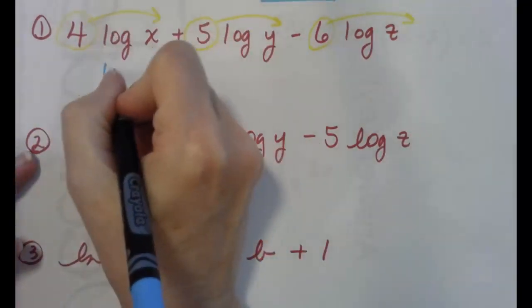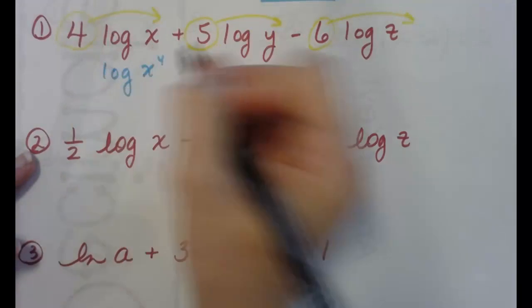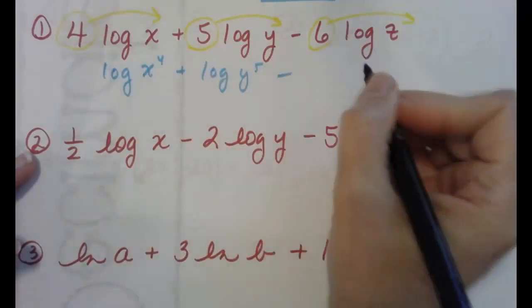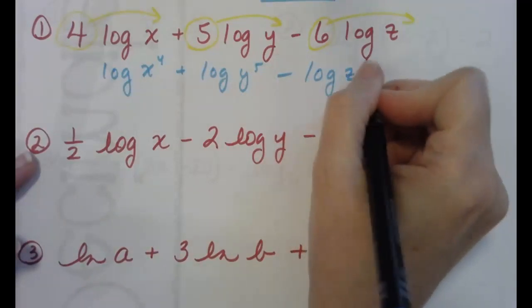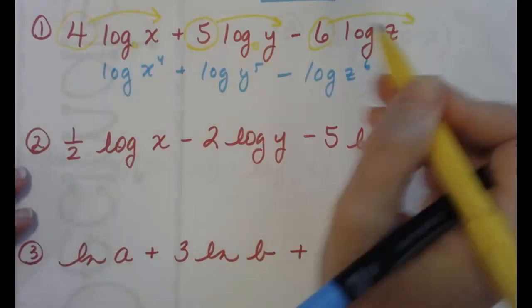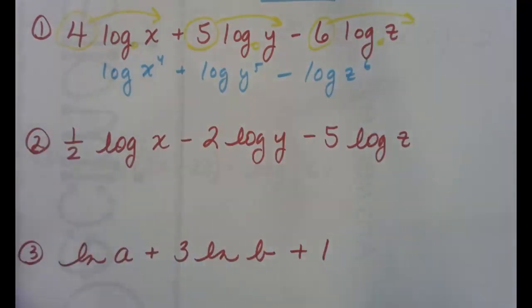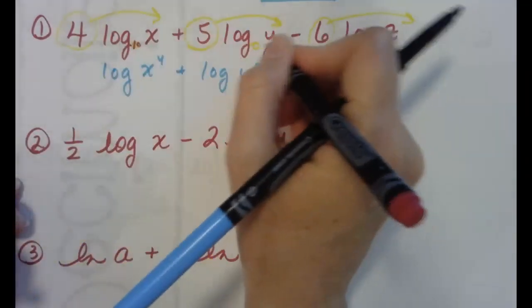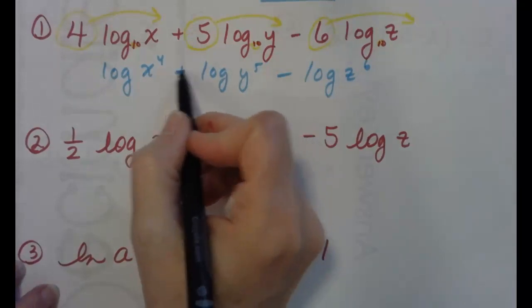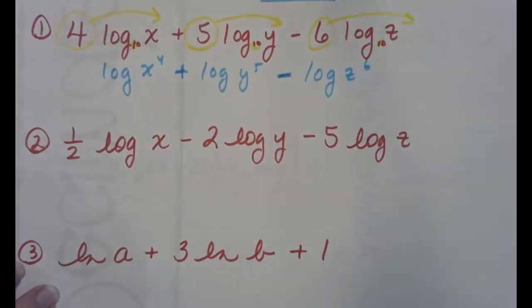So this becomes log of x to the 4th plus log of y to the 5th minus log of z to the 6th. Remember, we don't see a base here, and if you don't see a base, once again, it's understood to just be 10, but we just don't have to write it, as that is the common log. So now, I've got a sum and a difference.